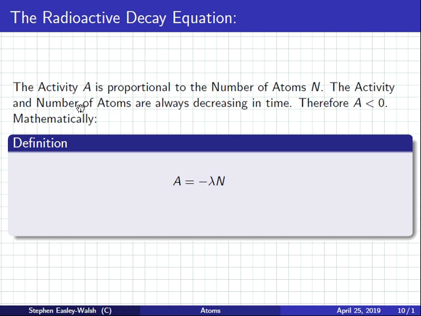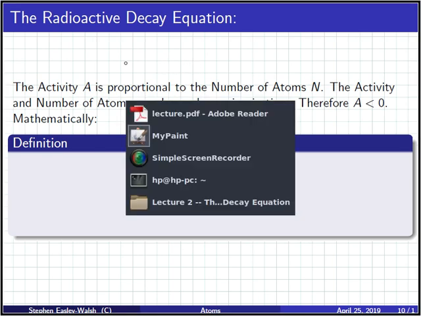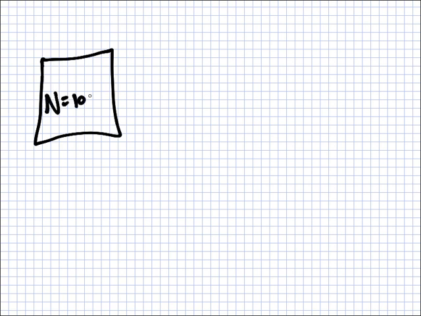Mathematically, we can say A equals minus lambda N. So, for example, let's say N equals 100, and let's say the activity is 10 Bq. So that means in 1 second, 10 of these are gone and it becomes 90.